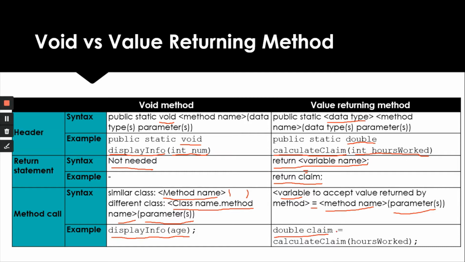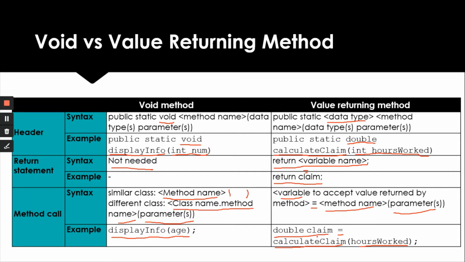But you need one variable that can accept the value returned by the method. After you have the variable, you write the equal symbol, and after that you write your method name, calculate claim, and you send the hours work. Here you are sending only one value, so you just write the parameter as hours work.